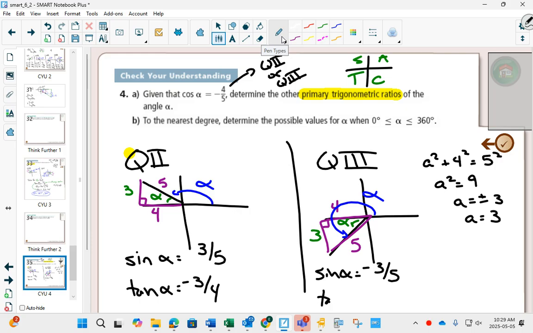And tan of alpha is still going to be 3/4, but here it's positive. So even though there's only one value for cos alpha, because it could be in 2 different quadrants, sine of alpha could be positive or negative 3/5, and tan of alpha can be positive or negative 3/4.